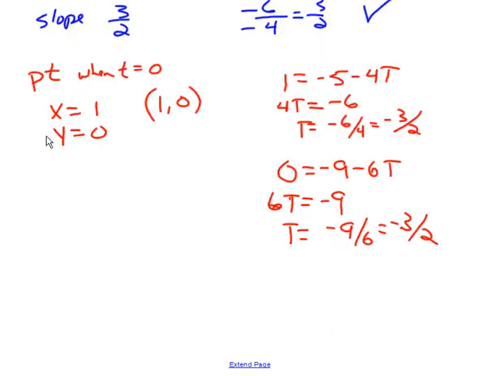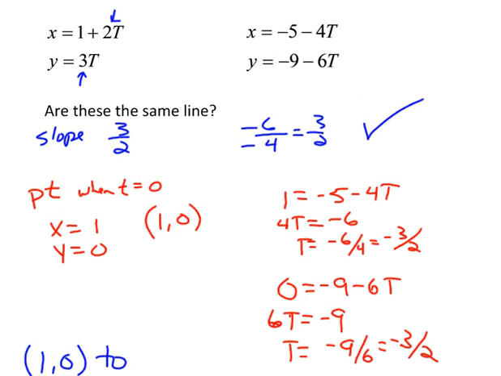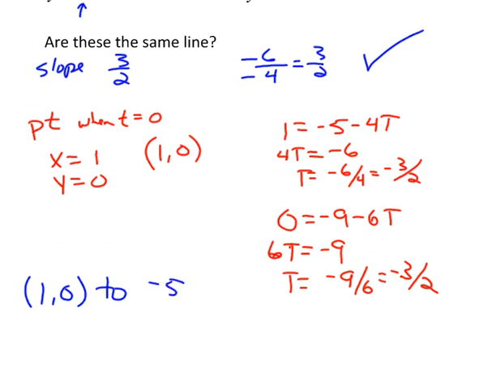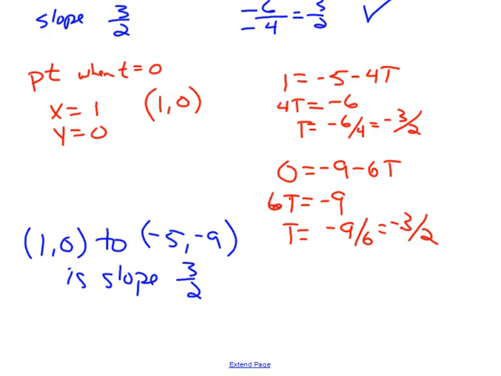Another way to think about this is, since I have the same slope, if I go from 1, 0 to the point on the other graph, -5, -9, is my slope 3/2, which is what I said my slope was? Because if it is, then that is the same line.